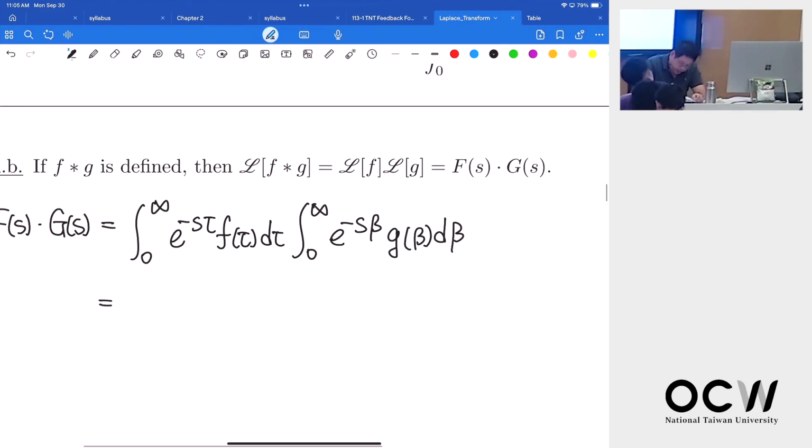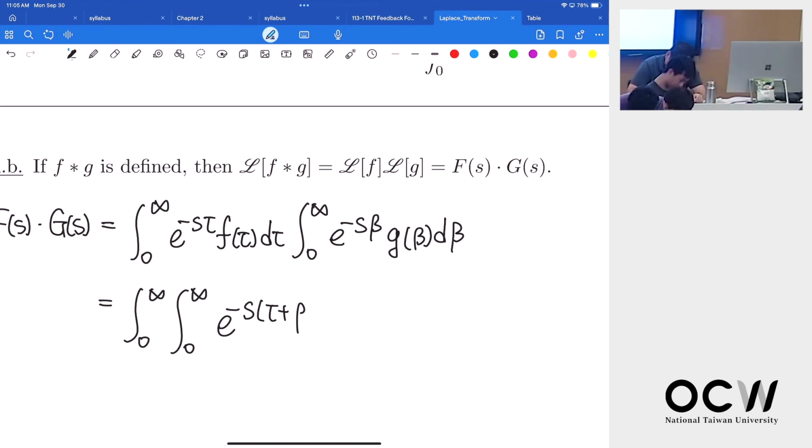So combine these two integrations: we have e to the minus s (tau plus beta), f of tau, g of beta, d tau, d beta.